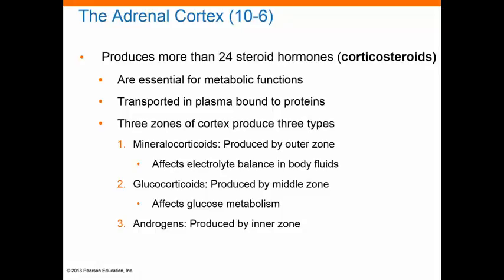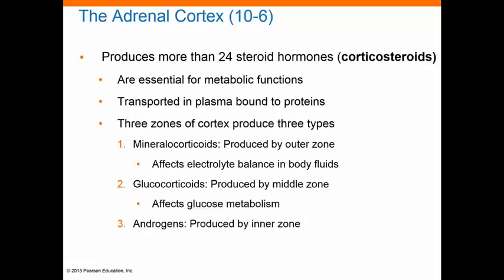In the bloodstream, these hormones are bound to transport proteins. Corticosteroids in general are vital to metabolism. The adrenal cortex has 3 distinct zones that synthesize specific corticosteroids. Mineralocorticoids are produced by the outer zone and affect electrolyte balance in body fluids.